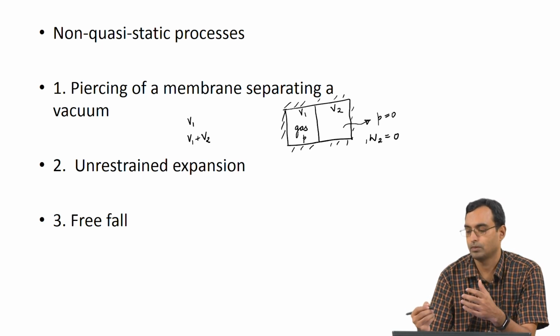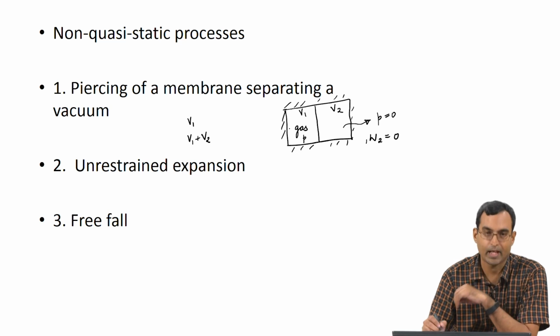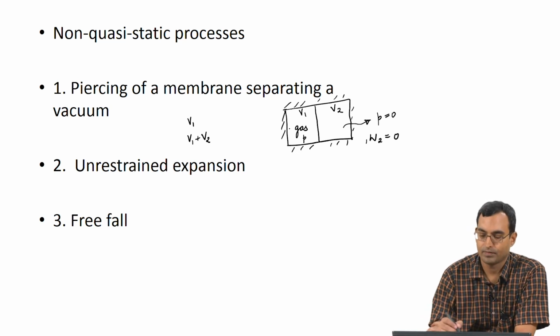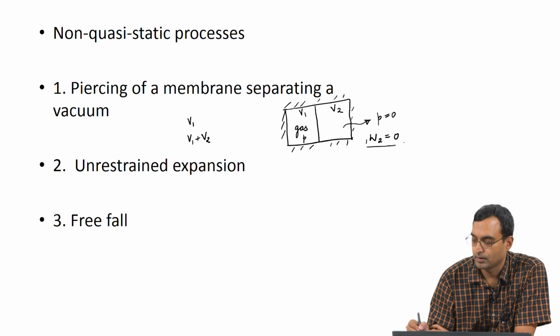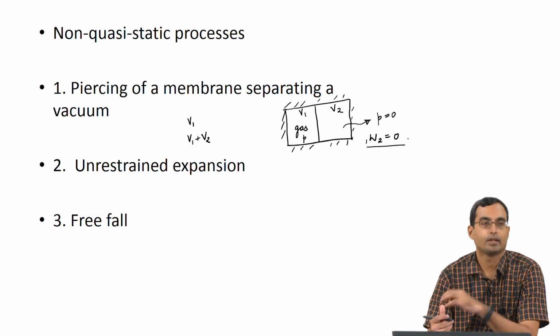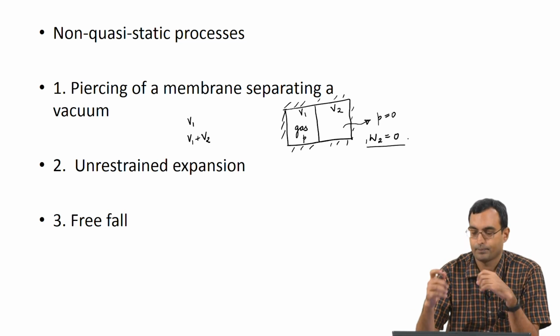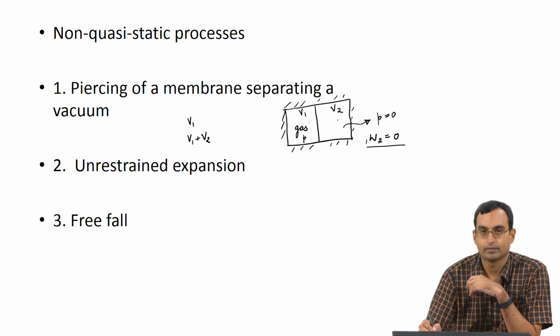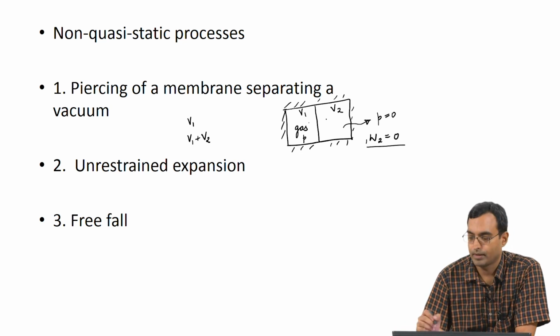There is no recipient of any work which this gas could have given. Therefore, in this case also the work must be 0. So, when this gas expands from here to here, the work interaction must be 0.